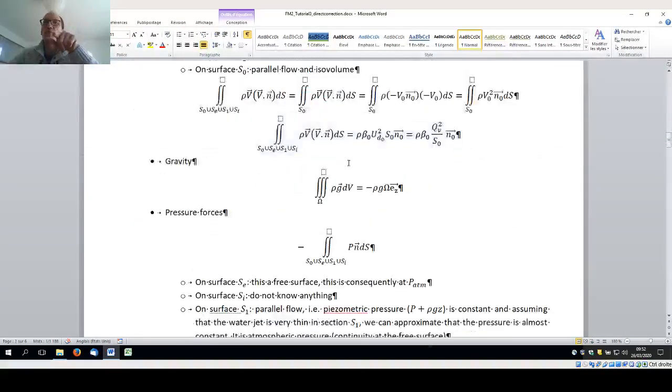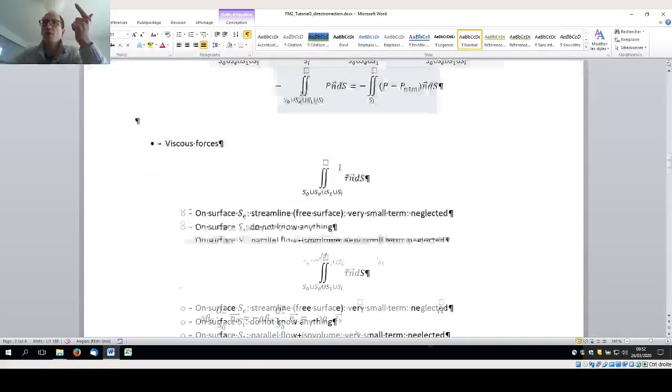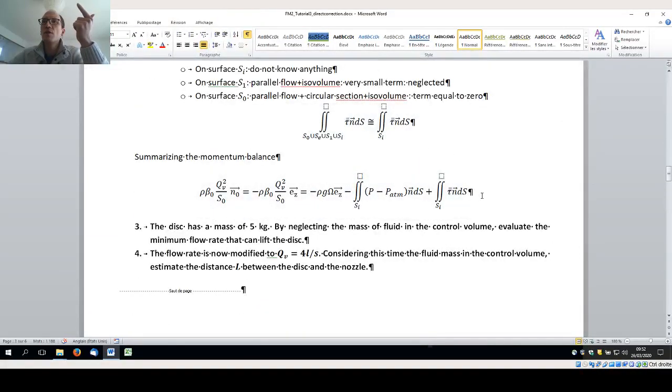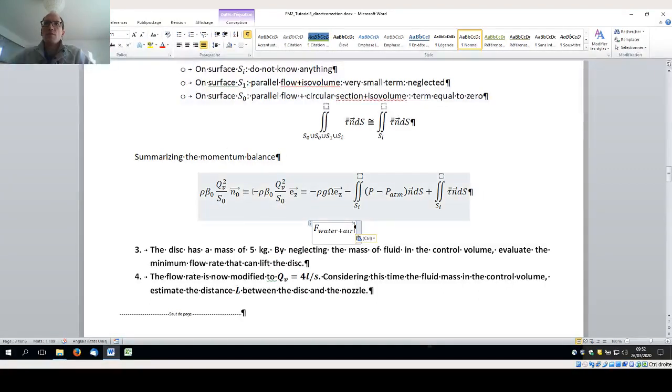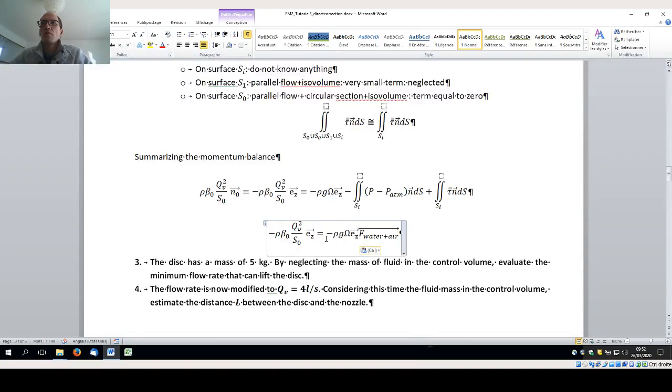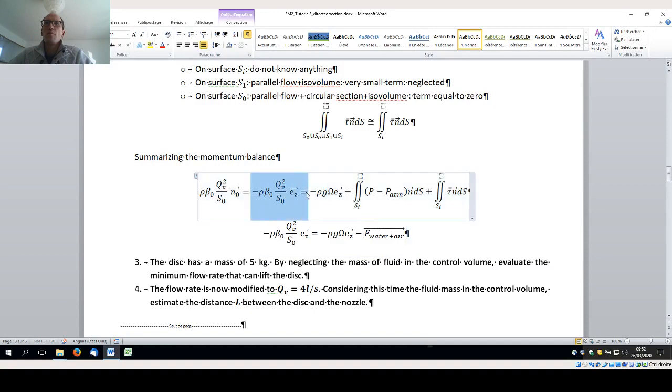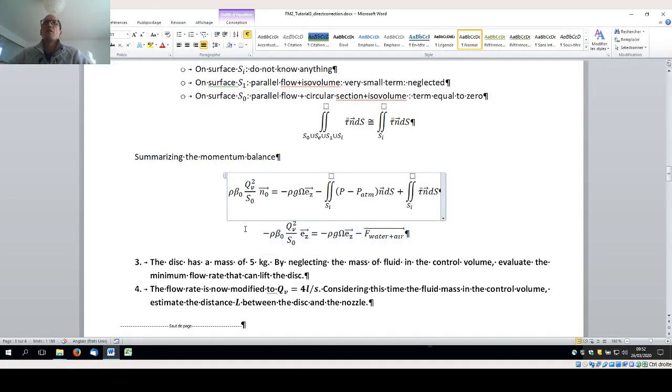And when we simplify the writing of the momentum balance, we'll be able to make appear this. So I just change N0 in minus EZ.